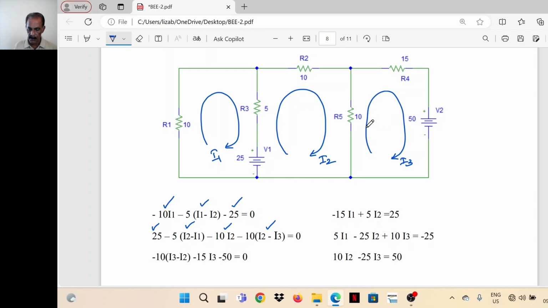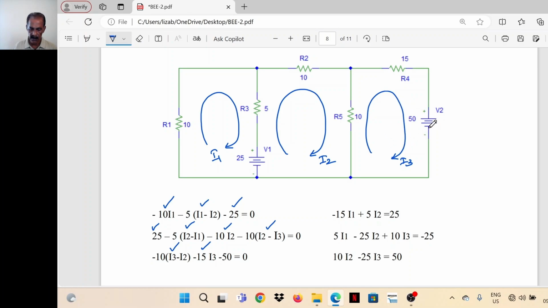Then third loop: current through R5 is (I3 minus I2) with a negative sign, so IR drop is 10 into (I3 minus I2) with a negative sign. Then current through R4 is I3, so 15 I3 is the IR drop with a negative sign. Here it is a fallen potential in the direction of the loop.